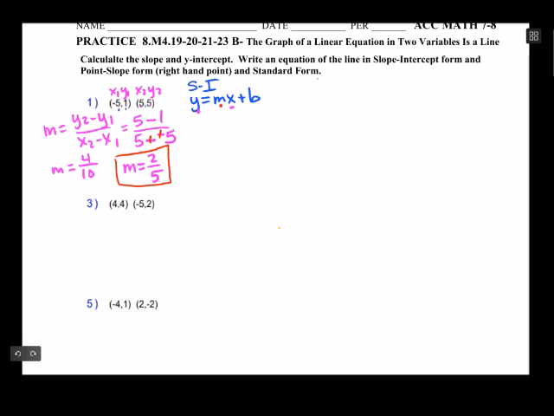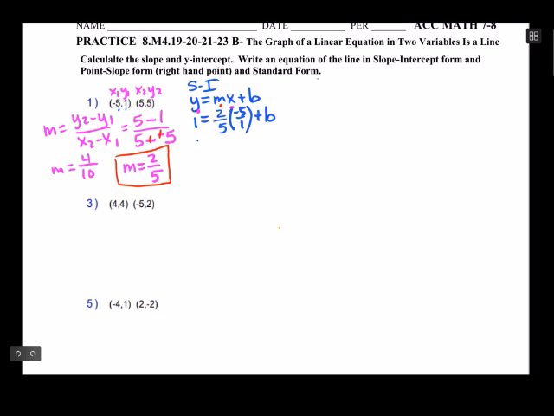So I'm just going to substitute in y is 1 equals our slope is 2 over 5. Our x value is a negative 5. I'm going to put it in as a fraction because when we're dealing with fractions, everybody's a fraction. And plus b because I do not know my b value.